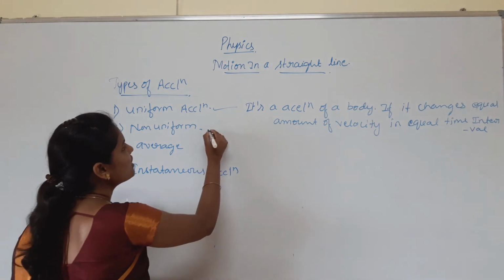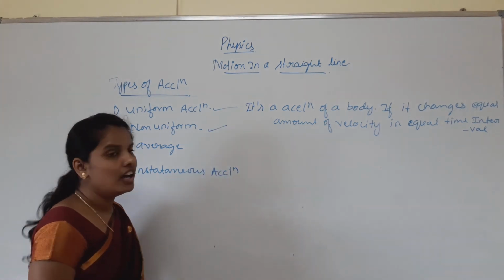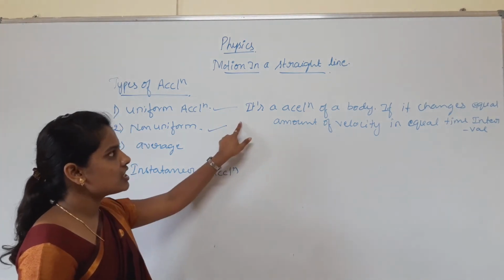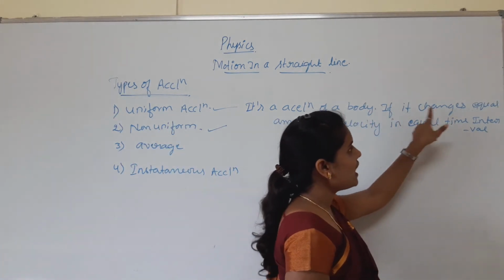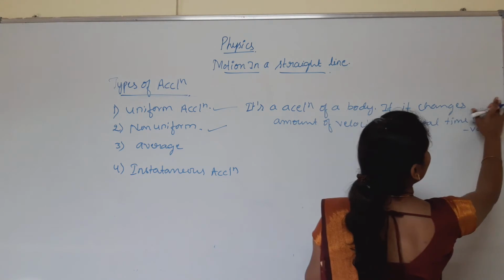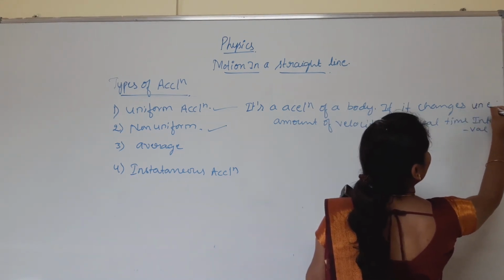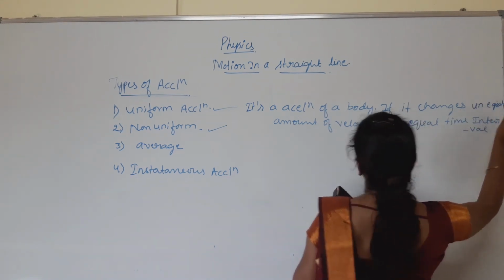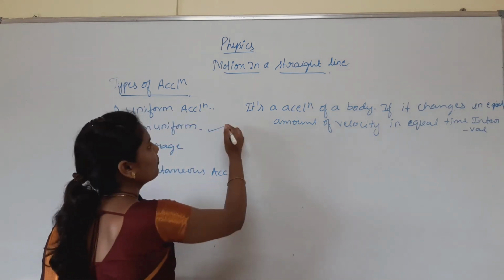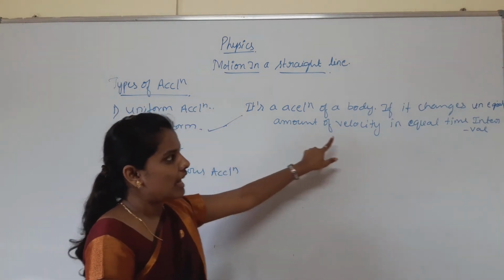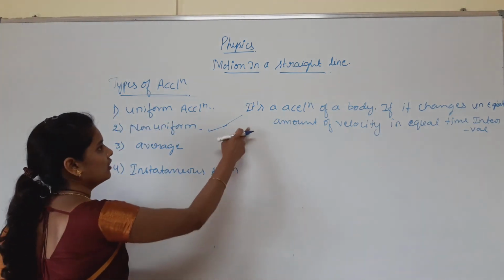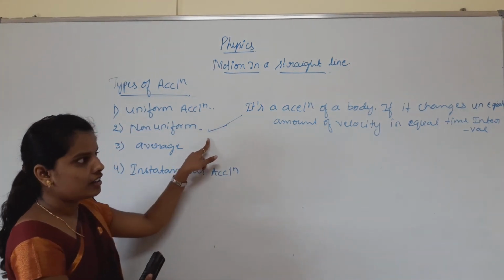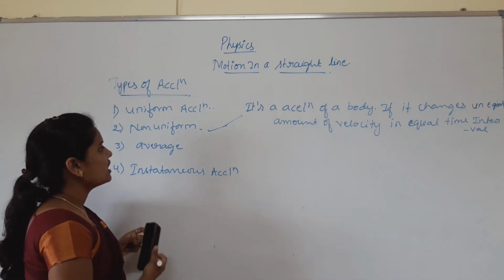The second one is non-uniform acceleration. It is also the same: the acceleration of a body that changes unequal amounts of velocity in equal time intervals is known as non-uniform acceleration.